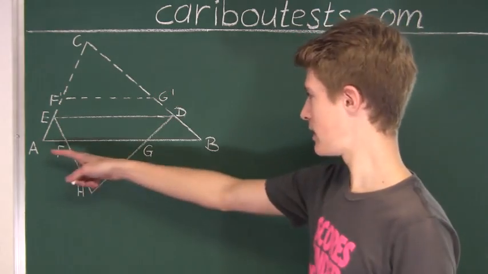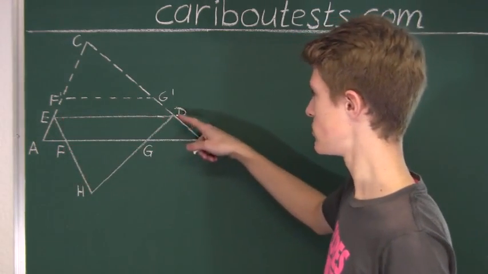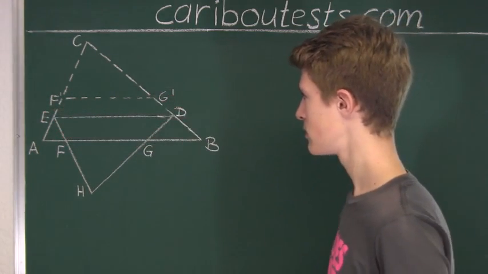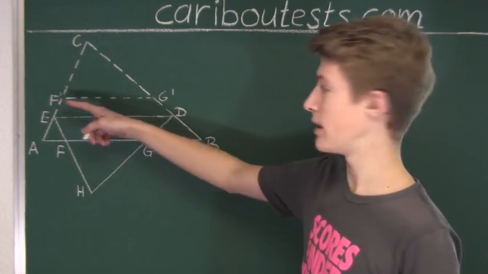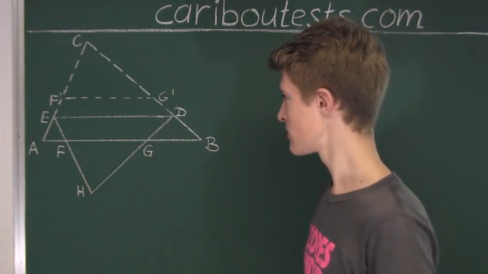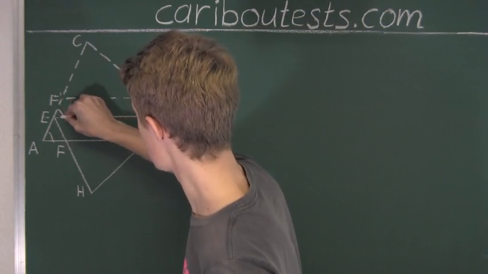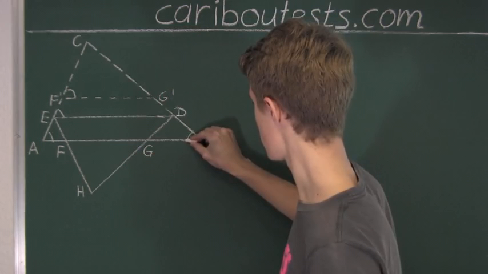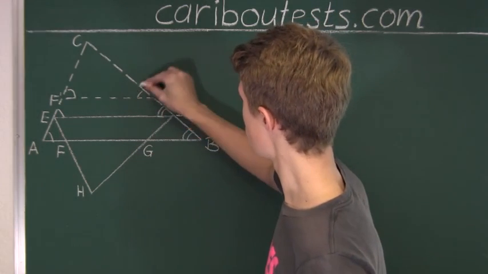So we know that the line AB is parallel to the line ED, which of course must also be parallel to the line F prime, G prime. Now anytime parallel lines are crossed by some lines, that gives us corresponding angles. So on this side this angle is equal to this angle is equal to this angle, and on this side this angle is equal to this angle is equal to this angle.